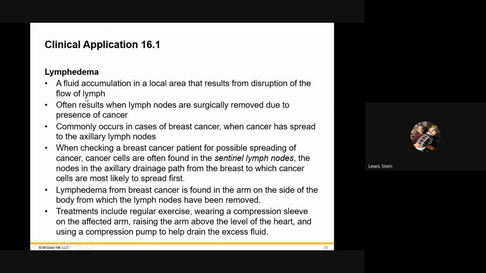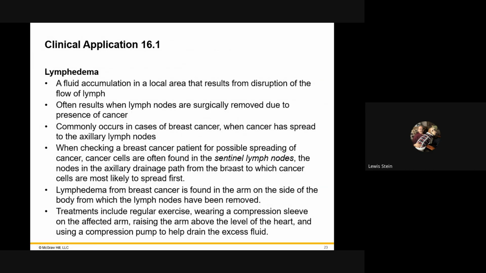Lymphedema, whether something is mechanically blocking the flow, the classic one being removal of lymph nodes in the breast, when you have to do a mastectomy, either partial or total, and you end up removing a substantial amount of lymph nodes, then it's a very significant problem. That's one of the areas when you're talking about sentinel lymph nodes.